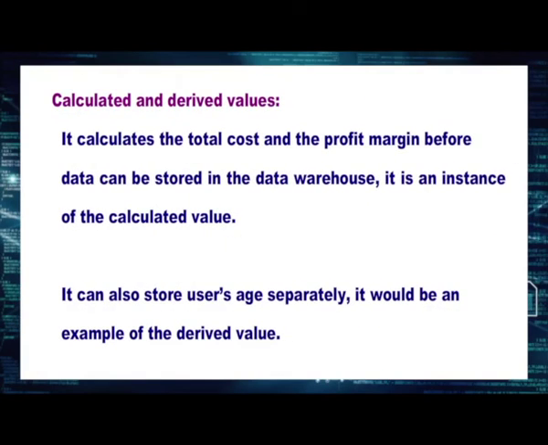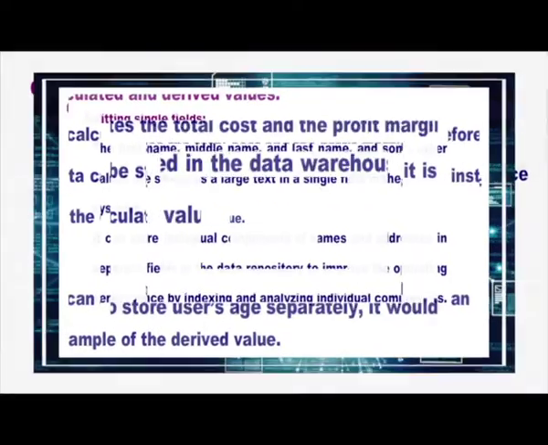Calculated and derived values. It calculates the total cost and the profit margin before data can be stored in the data warehouse. It is an instance of the calculated value. It can also store users' age separately. It would be an example of the derived value.